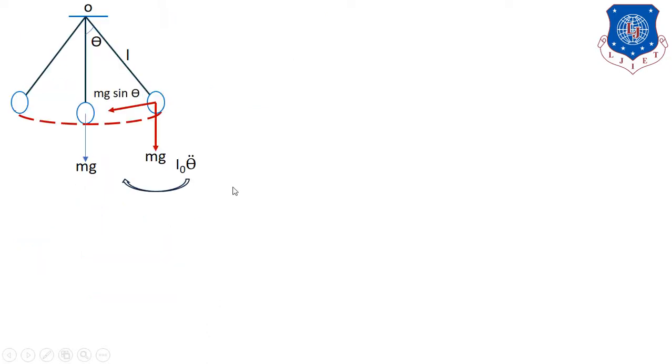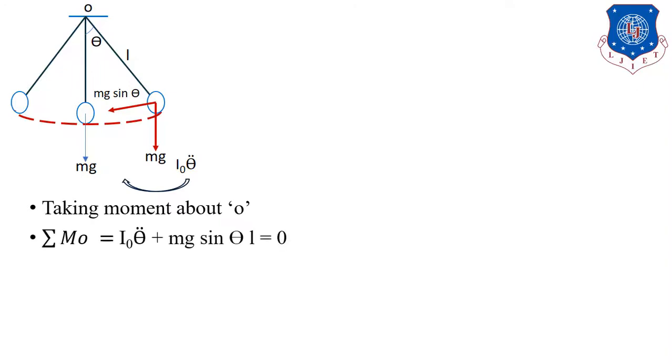To calculate the frequency of the simple pendulum system, we take the moment about point O, and for the equilibrium position, the summation of moments about point O is equal to 0. Here the inertia torque is I0 theta double dot, and the force is mg sin theta, so the moment due to this force is mg sin theta into small l.